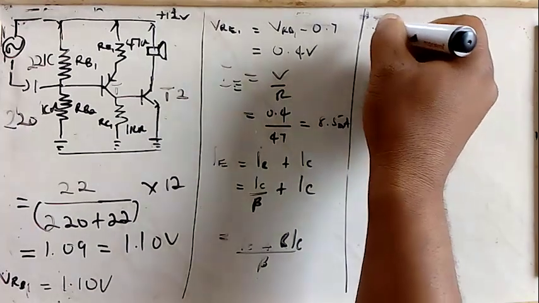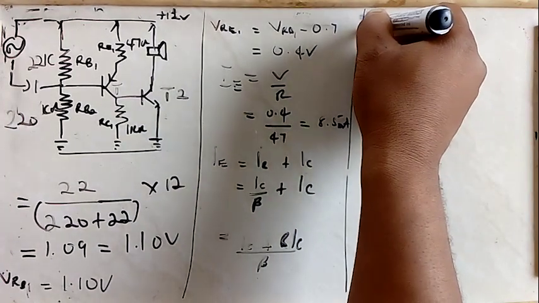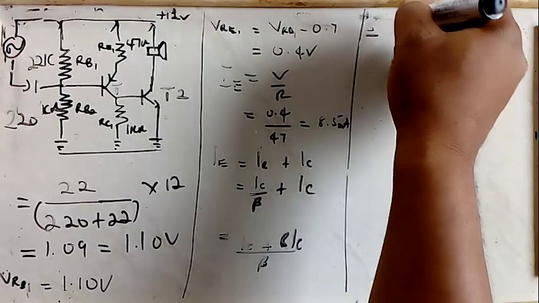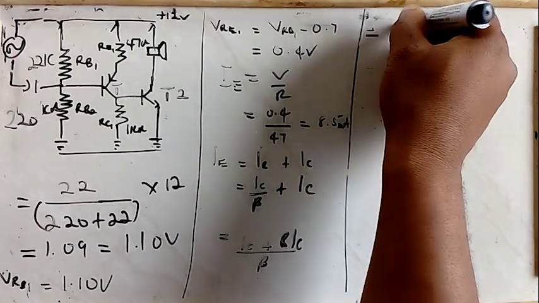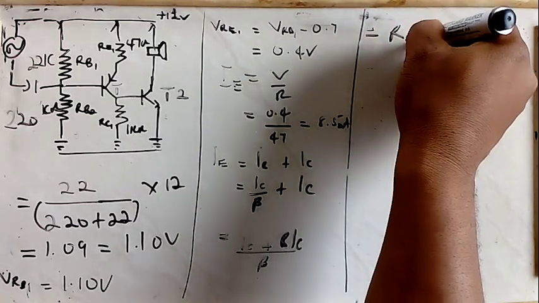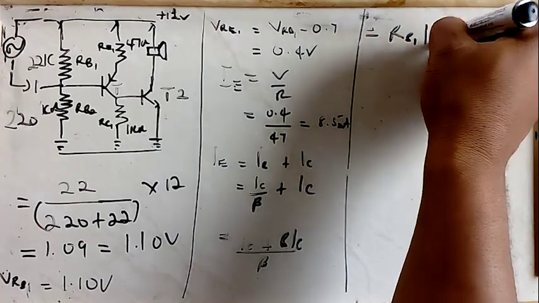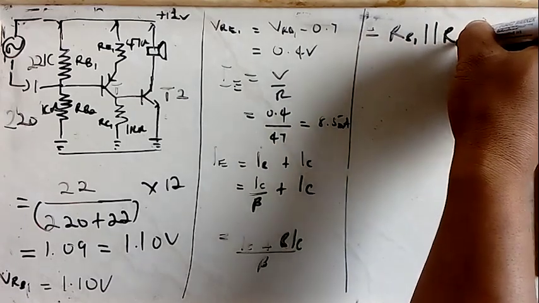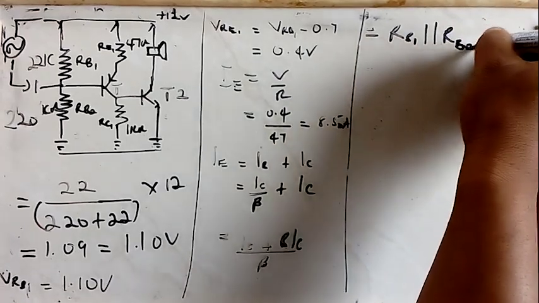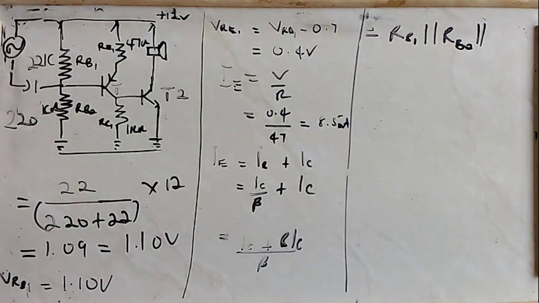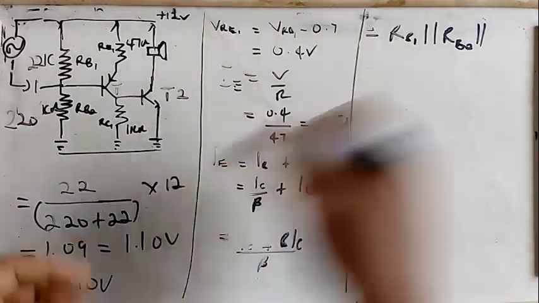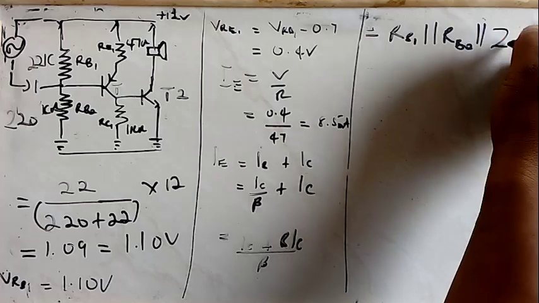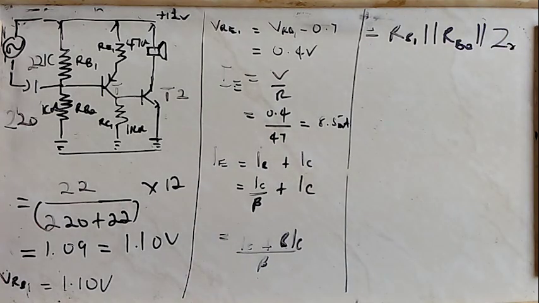So the current division causes the input impedance to look like this: RB1 parallel to RB2 parallel to ZR.